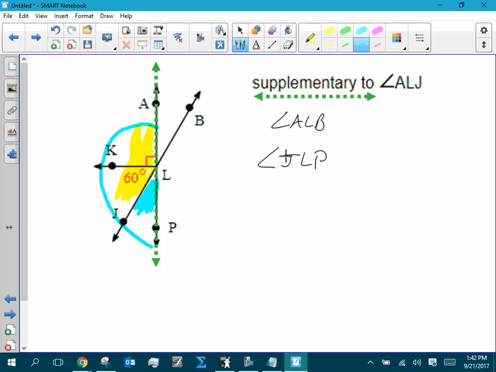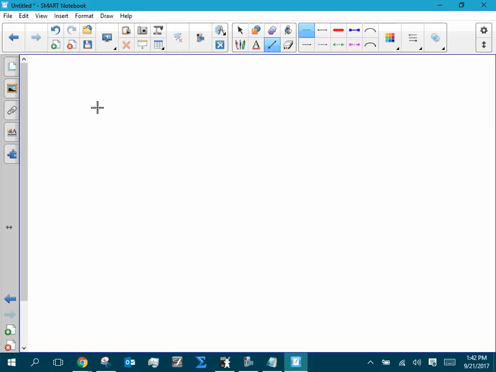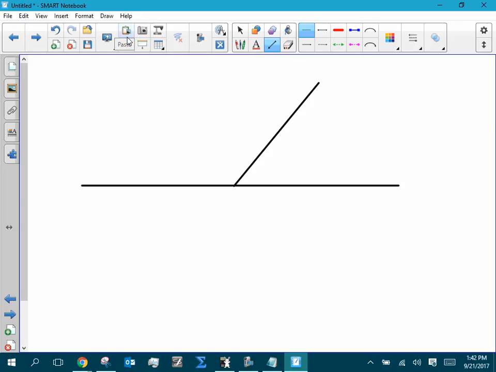Now they say supplementary here. Remember, supplementary doesn't necessarily mean that they have to be adjacent. I could have, let's say, those two angles, which would be adjacent, right? And together they create that 180 degree angle, so they are adjacent and they're supplementary.